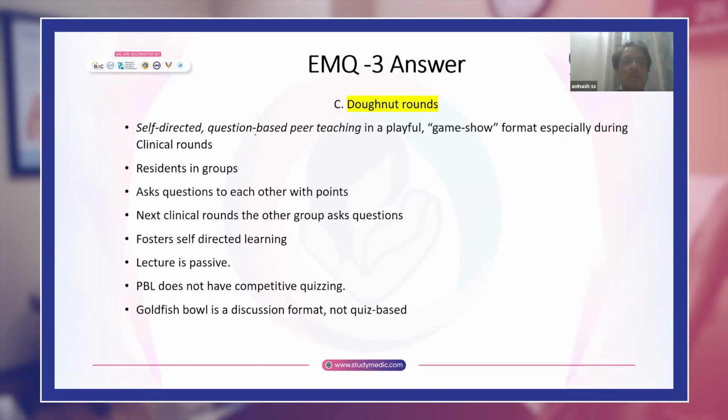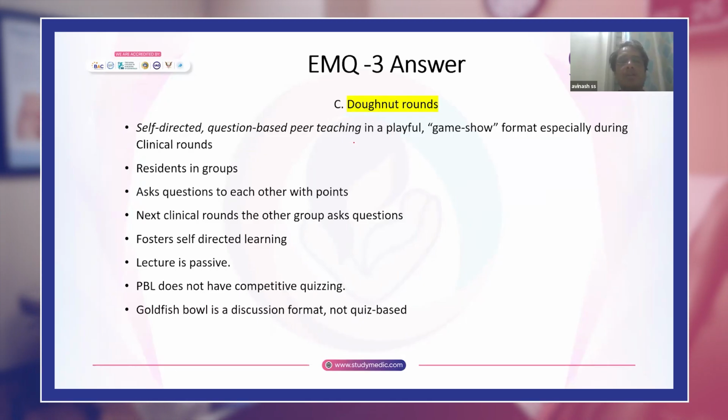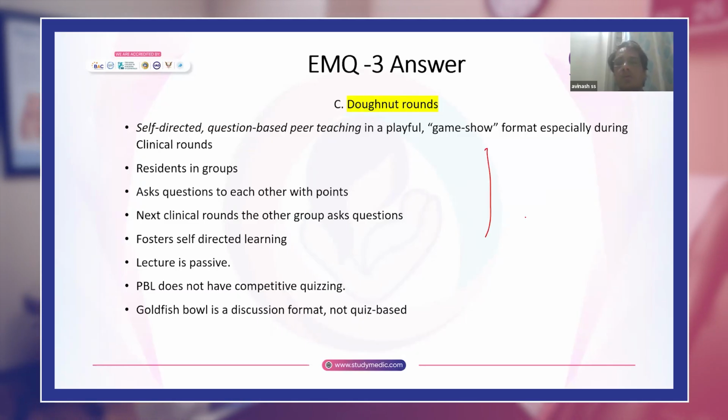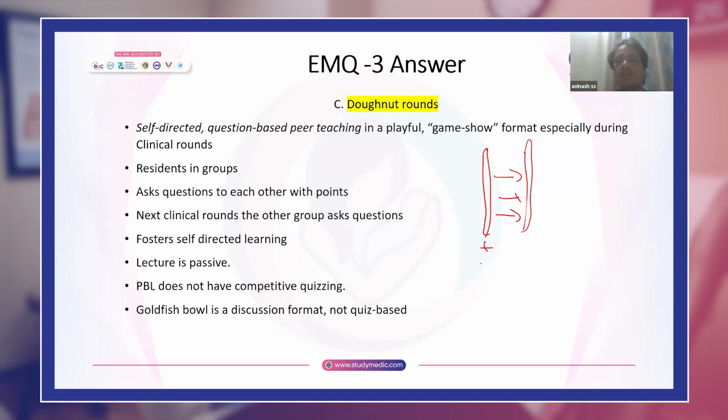Okay, so donut round is not exactly something related to eating, but once a surgeon who published this paper conducted this type of rounds, so he divided his interns or residents into two groups, and in one round the first group asked the question to the other and the scoring was done.